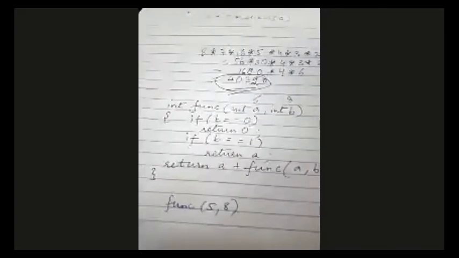So tell me, how are we going to move in this function? 5 and 8. I'm doing it with a pencil here itself. Just as I showed you the working step by step in the first and second parts, do the working step by step. I am doing it in short. So this base case is false, we come over here. Is B equal to 1? False, come over to the next statement.